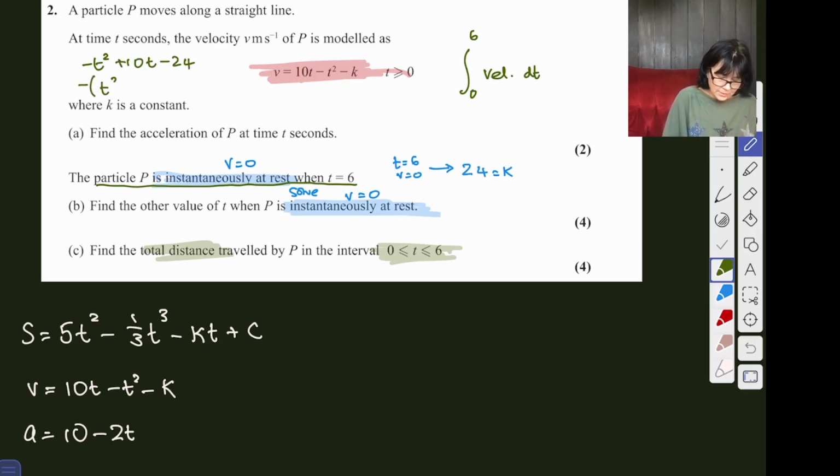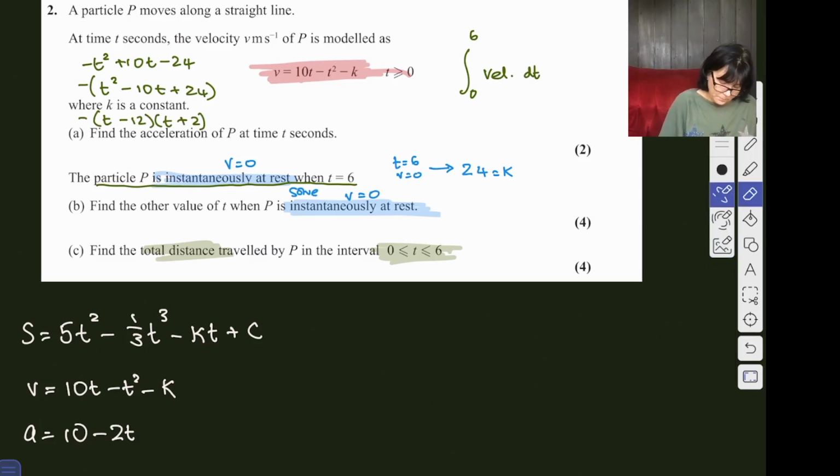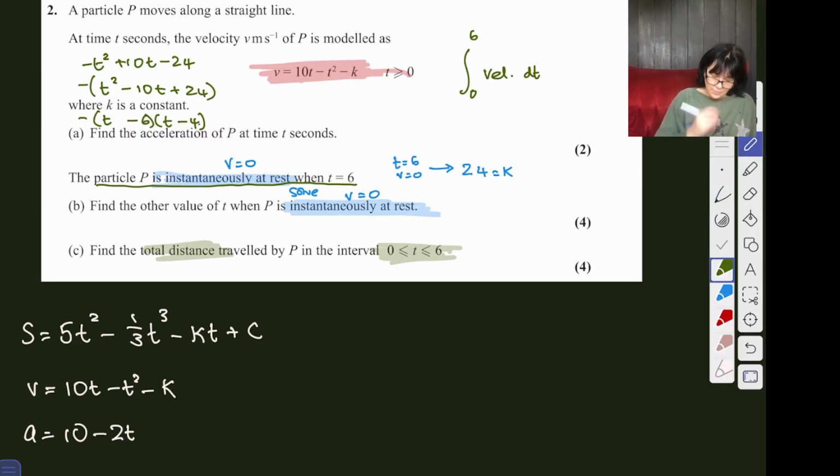It's minus t squared minus 10t plus 24. 24, 12 and 2, minus 12 plus 2. No, that doesn't work. 6 and 4, minus 6 minus 4. That works. So it's a negative quadratic going through 6 and 4.